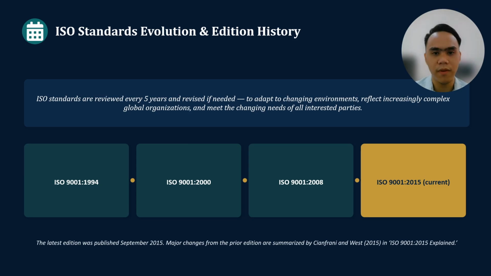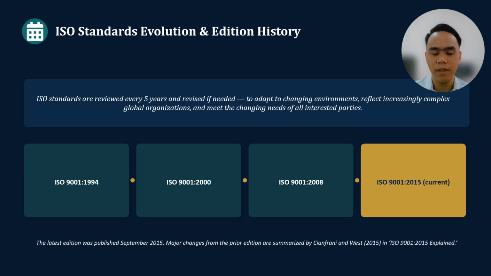The edition history for ISO 9001 shown on the screen traces a clear lineage: ISO 9001:1994 replaced by ISO 9001:2000, replaced by ISO 9001:2008, and replaced by the current ISO 9001:2015, published in September 2015. Each replacement represents a review cycle of roughly 5 years, catching up with how organizations and global markets had actually changed since the prior editions.